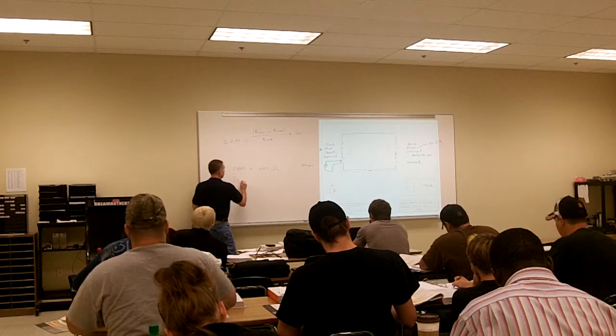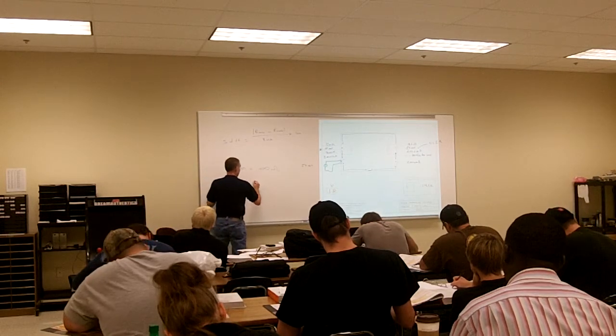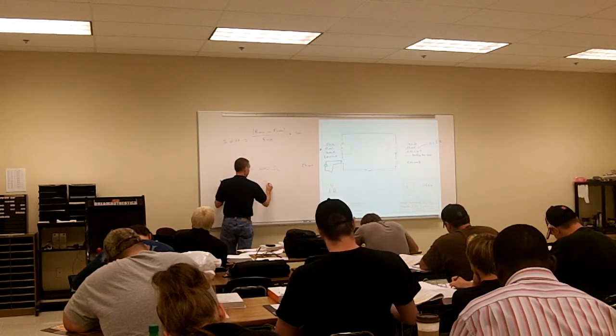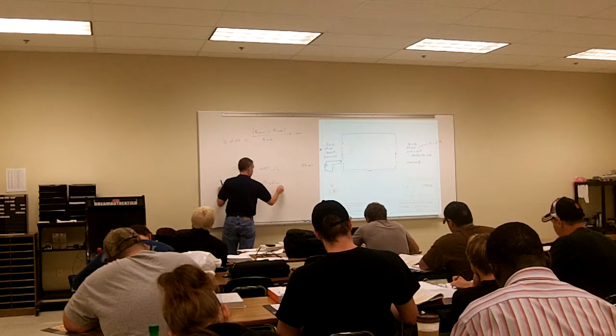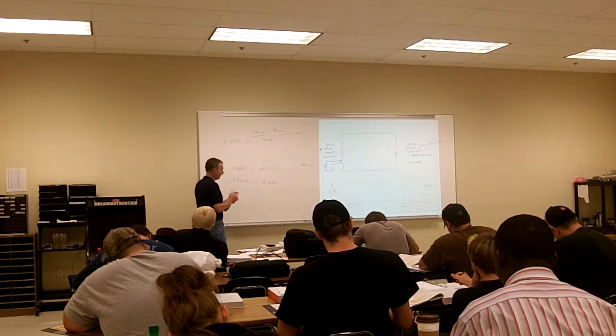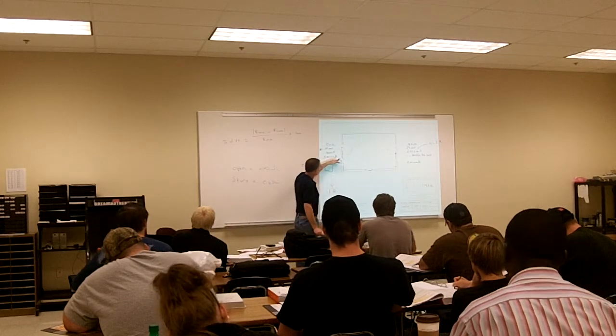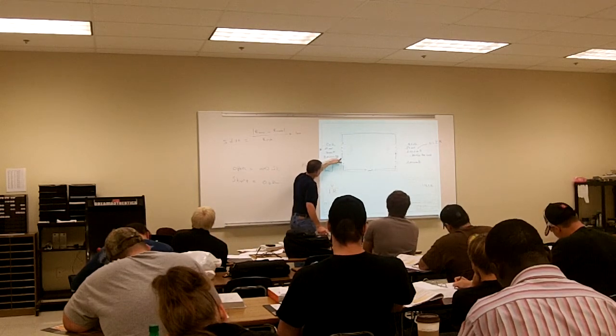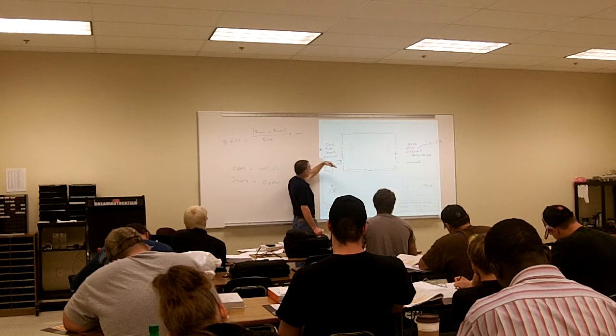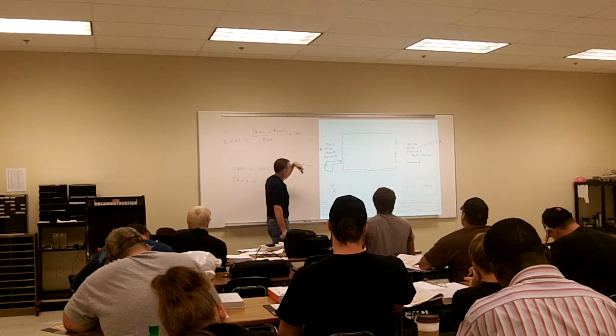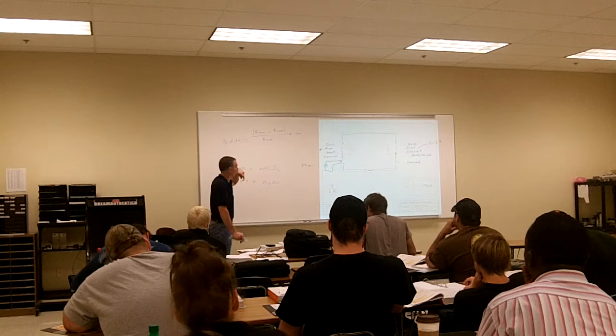A short is equal to approximately 0 ohms. Okay? Well, if I have an open and I have an infinite amount of resistance across my fuse, do I have a very large amount of opposition to current or very little opposition to current if I have an open?